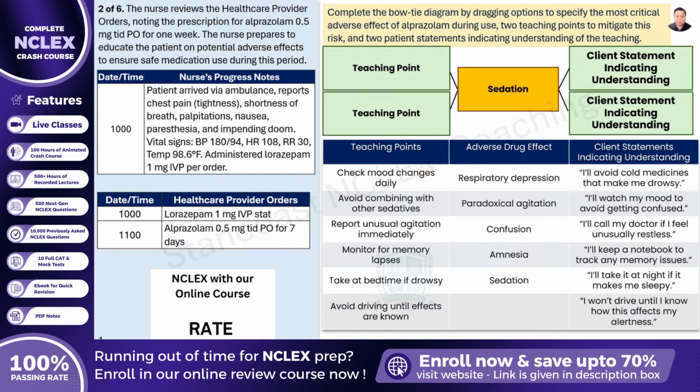Even though it can help with anxiety, one of the most common side effects is sedation. Not just a common side effect, it is also considered an adverse effect. It means it can make people feel really sleepy or drowsy. And get this, up to 40% of people taking alprazolam feel sedated.